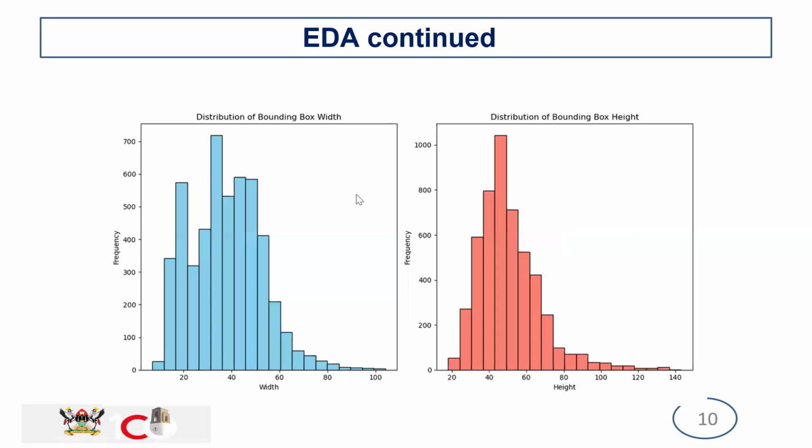I also wanted to know the height and width of my bounding boxes, and I realized that the majority had widths from 20 to 60, and very few had around 100. For the height, the majority lay between 20 and 80, with just a few beyond 120.